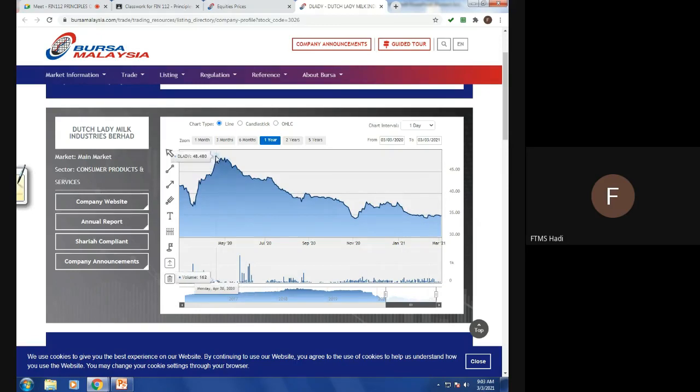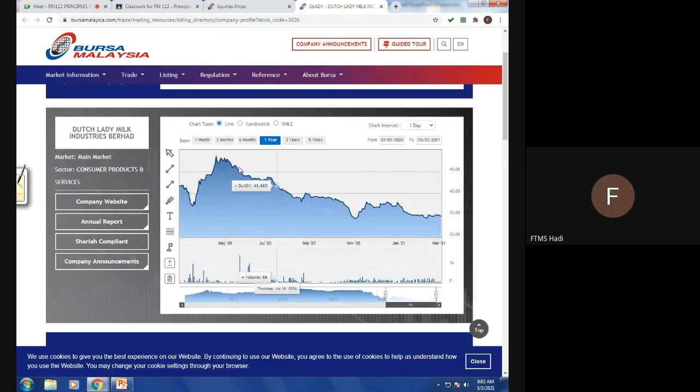From 48 to 34 is about 14 ringgit. Yes, the share price dropped massively. But since there is a decrease, there is an opportunity for investors to buy at 34 ringgit. We hope that the price will go up once again.